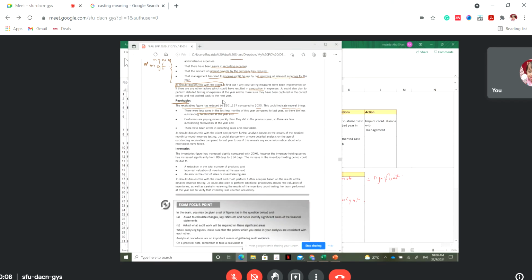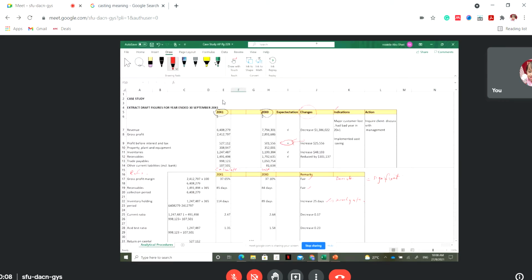You see that customers are paying more quickly than they did in the previous year, so there is less outstanding receivable at year end. Quicker by how many days? One day. So that's why the receivable has been reduced.